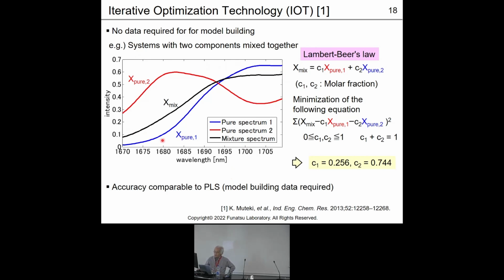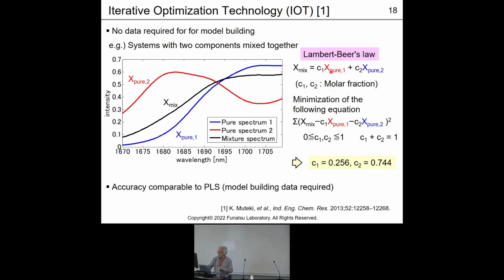This is an infrared spectrum. The red one is the infrared spectrum of pure compound 2, and the blue spectrum is for pure compound 1. And the black line means the mixture. By using the Lambert-Beer rule, we can make this kind of equation. The mixed spectrum is C1 times pure 1 plus C2 times pure 2, where C1 and C2 mean molar fractions.